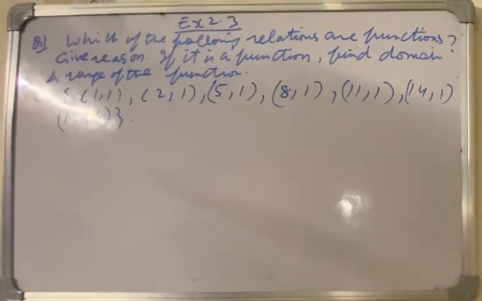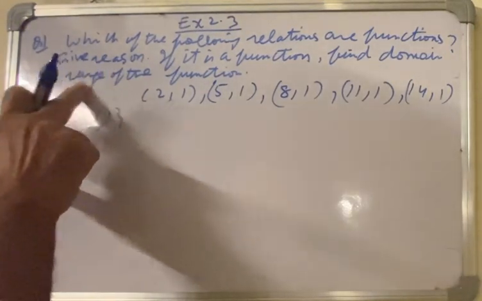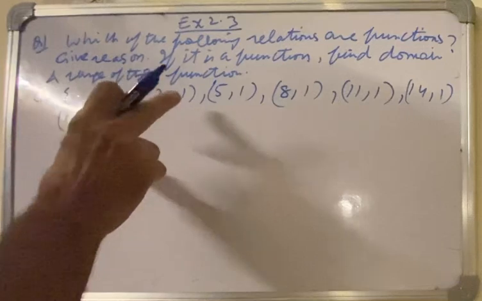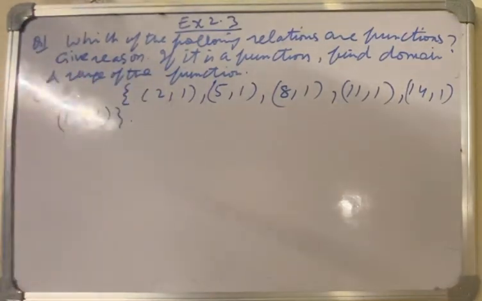In this case, we can delete this one, (1, 1). It is not included. It starts from (2, 1).